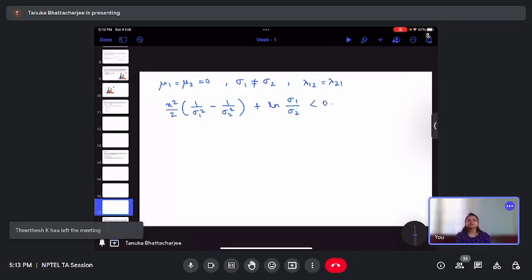Now, if you have unequal variances, though your means are equal, unequal variances lead to a quadratic classifier, but when you had equal variances, you had a linear classifier. You can simplify this even further, and that will give you the final expression.